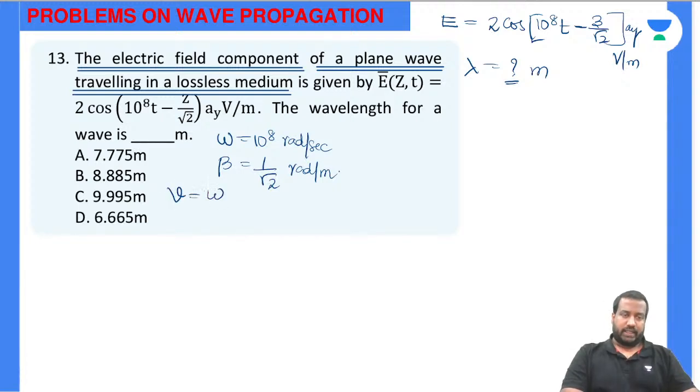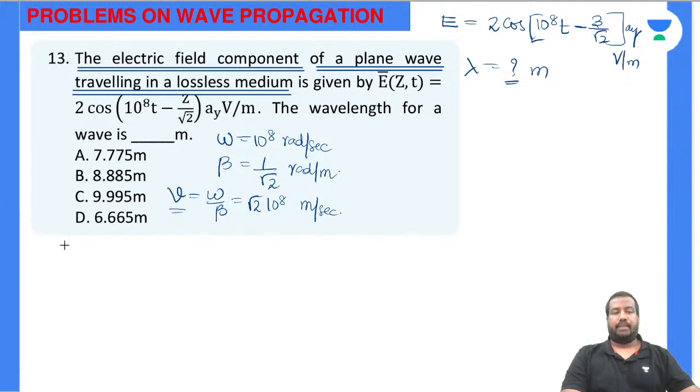How much will be velocity? Omega by beta. 10 power 8 by 1 by root 2. Root 2 into 10 power 8 meter per second. This is the V value.